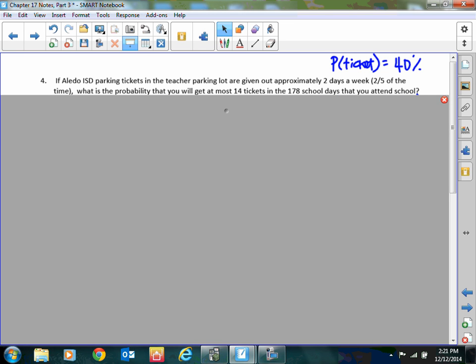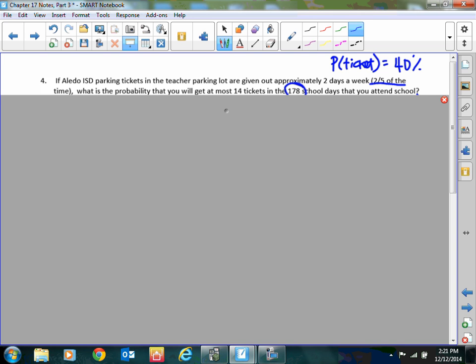All right, so let's say you are insistent upon parking in the teacher's parking lot, and you decide to do that for all the days that you go to school, which is 178 of them. Well, the Aledo ISD parking tickets in the teacher parking lot are given out approximately 2 days a week, which is 2/5 of the time.